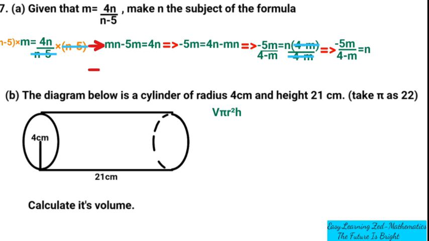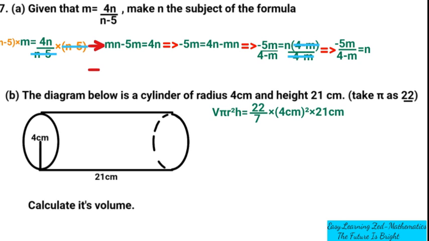Now we write equal to, and pi is given as 22/7, multiplied by the radius, which is 4 cm, squared. Then the height is 21 cm, so multiply by 21 cm. I have noted that in the statement pi is written just as 22. It should be 22/7.